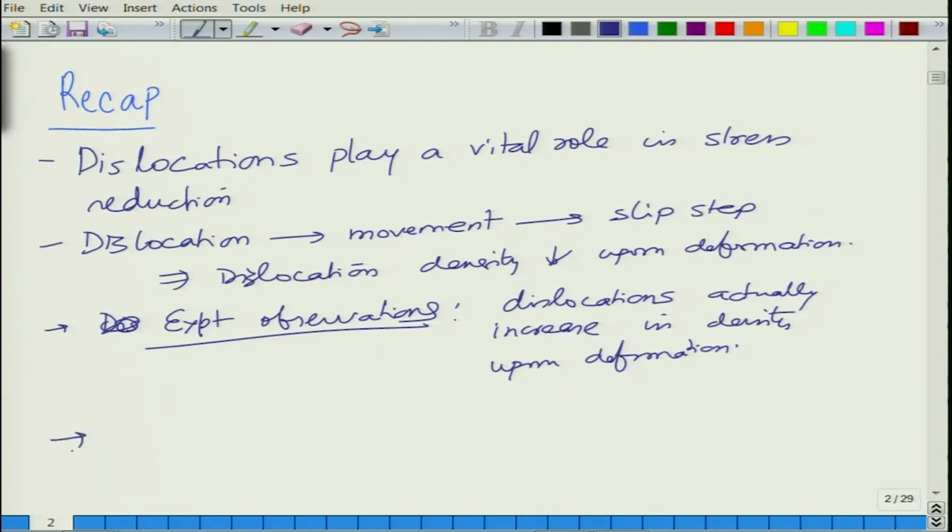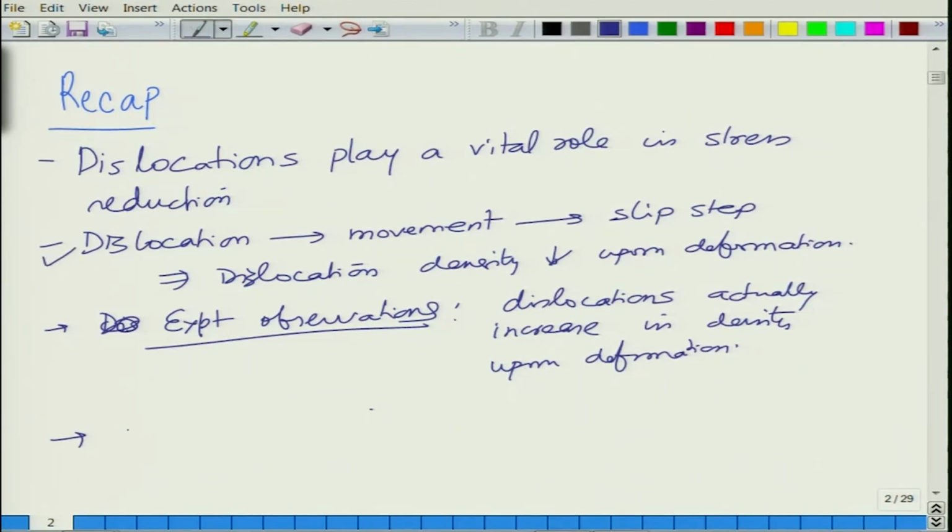So on one hand, dislocation motion leads to slip, so that is what we have written here. On the other hand there is some mechanism which leads to formation of dislocations.